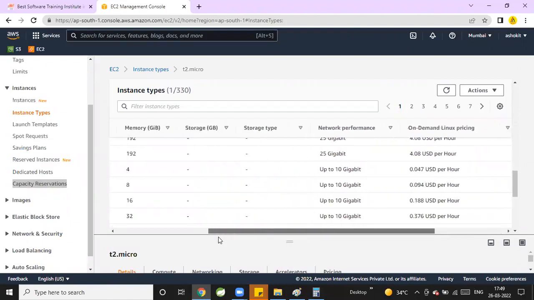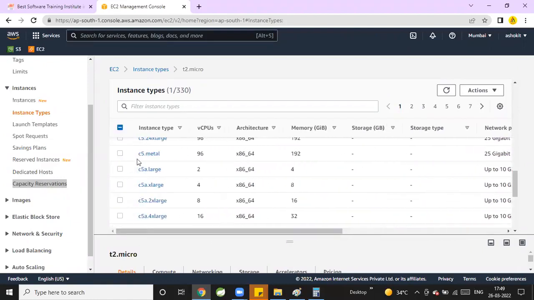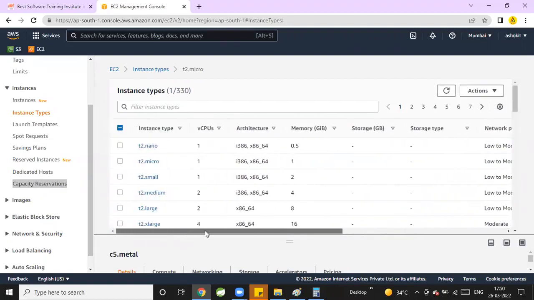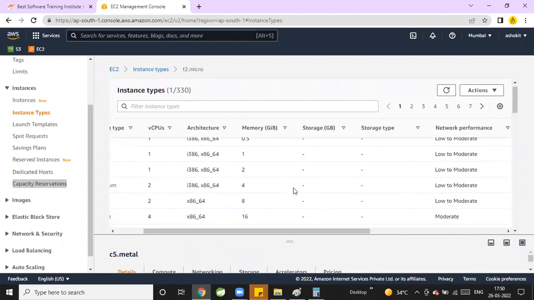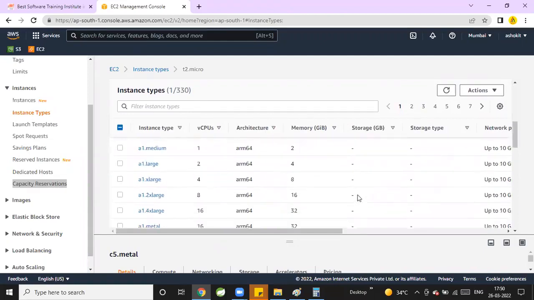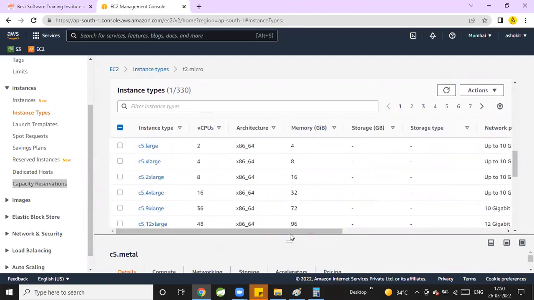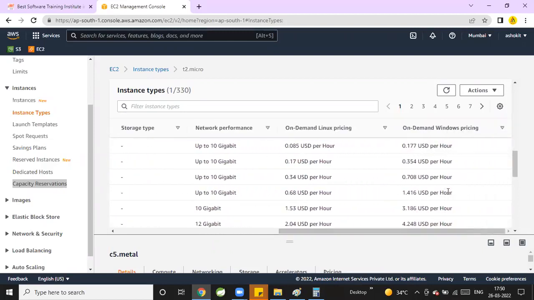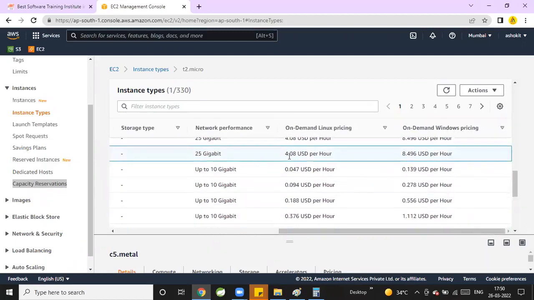Now, you see here, guys, there is an instance type available, C5.metal. It is providing 25 gigabytes as RAM capacity. How much are they charging per hour? $4 per hour. $4 means every dollar is 75 rupees, so 75 into 4.